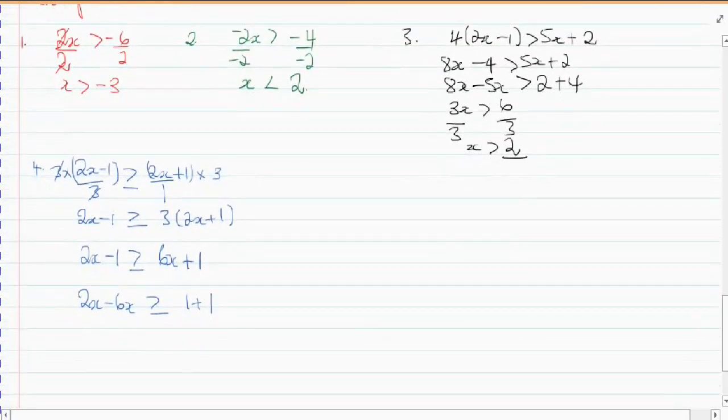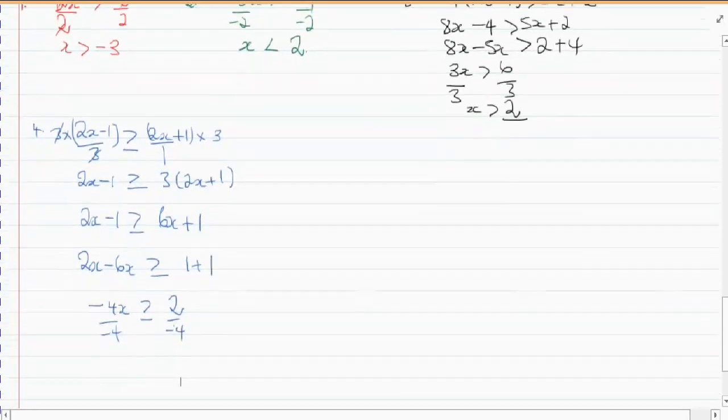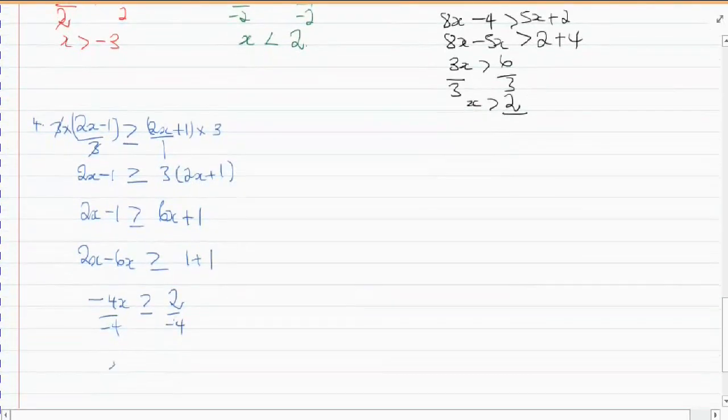So 2 minus 6, we end up with negative 4x bigger than or equal to 2. And then we divide both sides by negative 4. Since we're dividing with the negative, the inequality sign needs to change. And then we end up with negative 1 over 2.